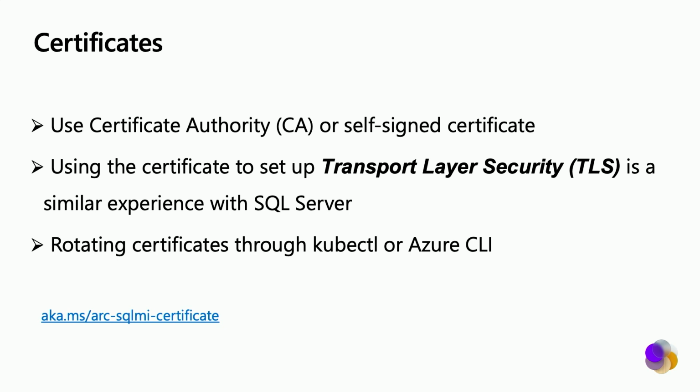We provide manual certificate rotation through Azure CLI or the Kubernetes native way, which is kubectl. The setup process is a similar experience to SQL Server, but kubectl is easier to integrate with your DevOps pipeline to automate the rotation process. To know more about certificate rotation, check out the link down below, ArcSQLmi certificate.